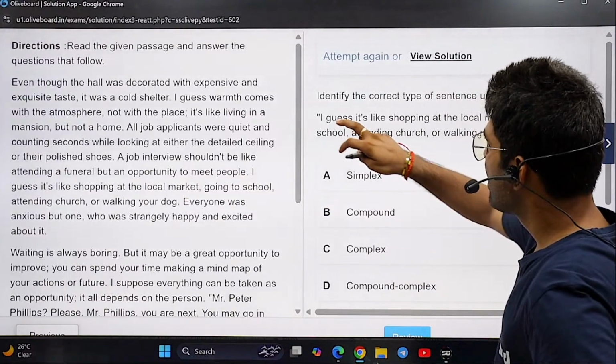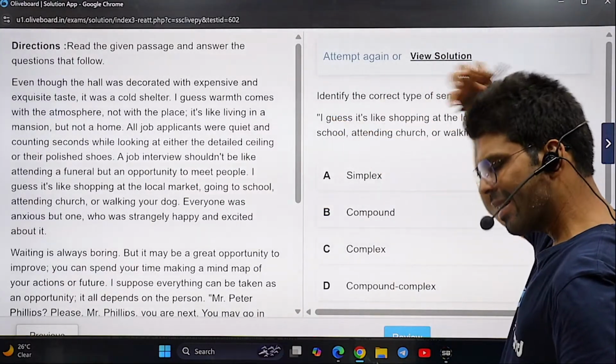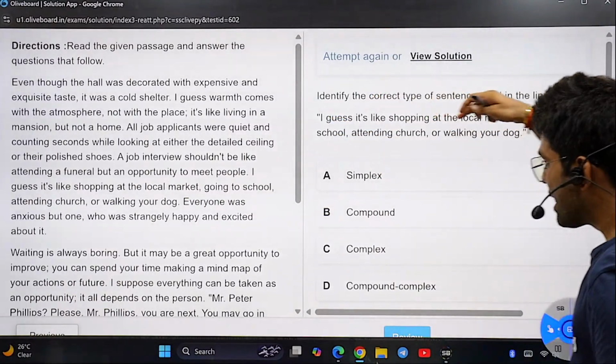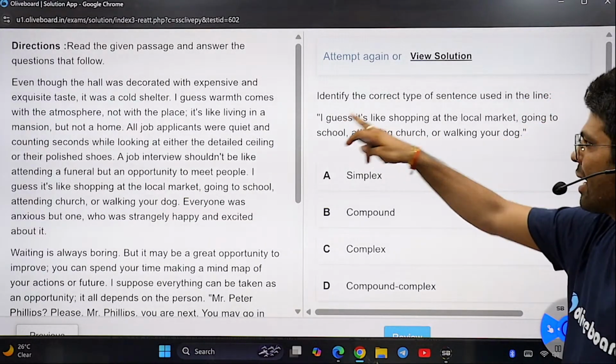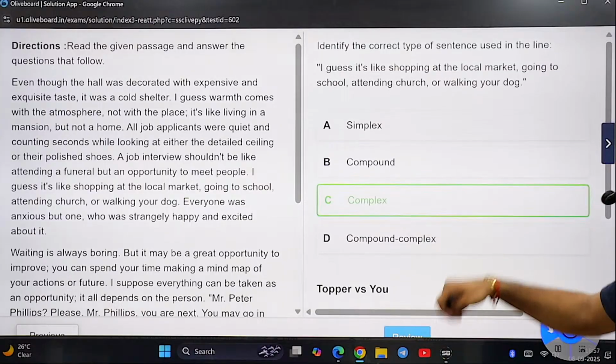So there's an independent clause, I guess what? There's a dependent clause. It's like shopping at the market, going to this or that. So one independent, the other dependent, making it complex.